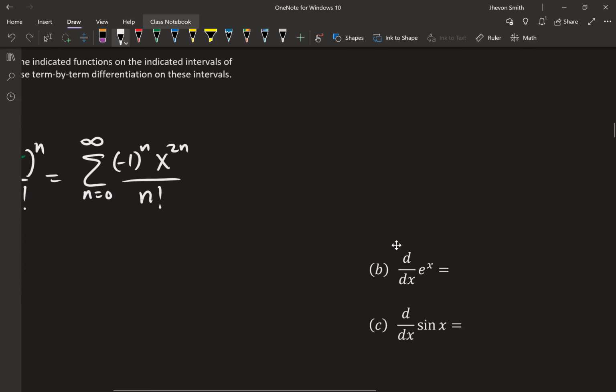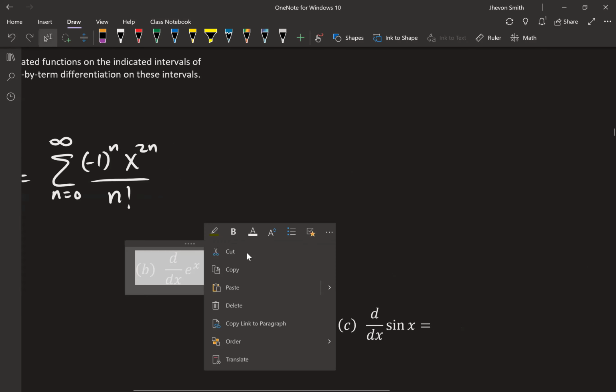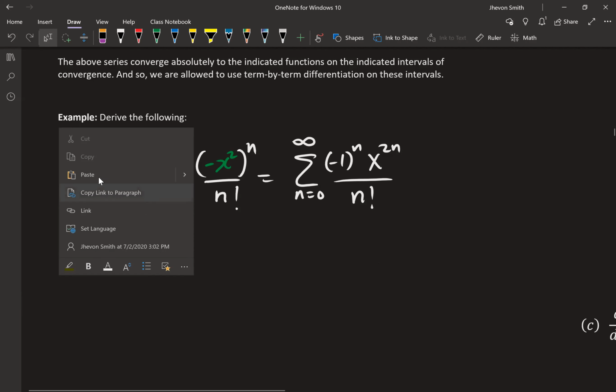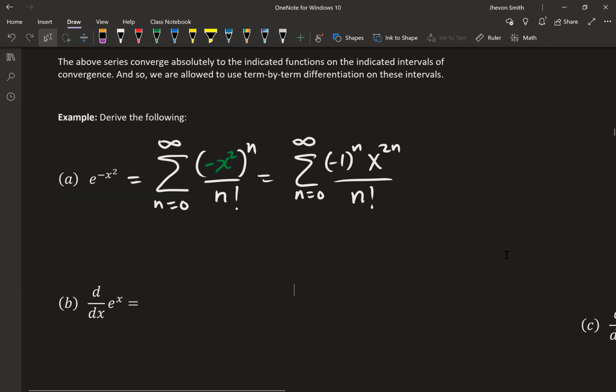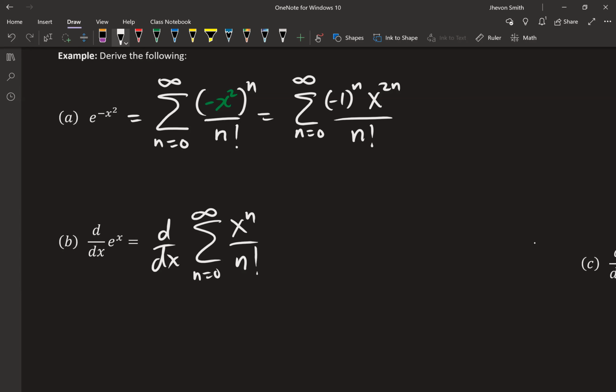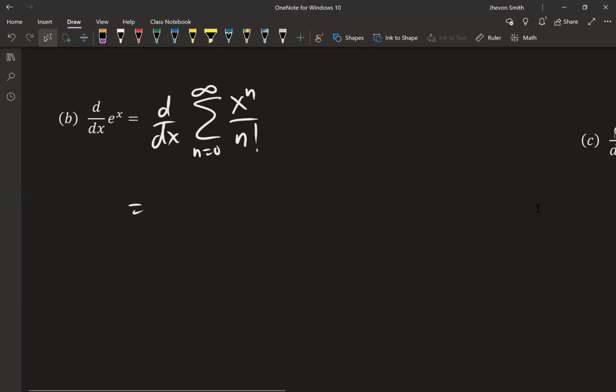To convince you that we can actually do things like find derivatives of series, here are some examples. So that when I start differentiating series later on, you'll be convinced that that's actually a valid thing to do. For example, knowing that e to the x is the series of x to the n over n factorial, and knowing that this is absolutely convergent for all real x, I can now switch these guys.